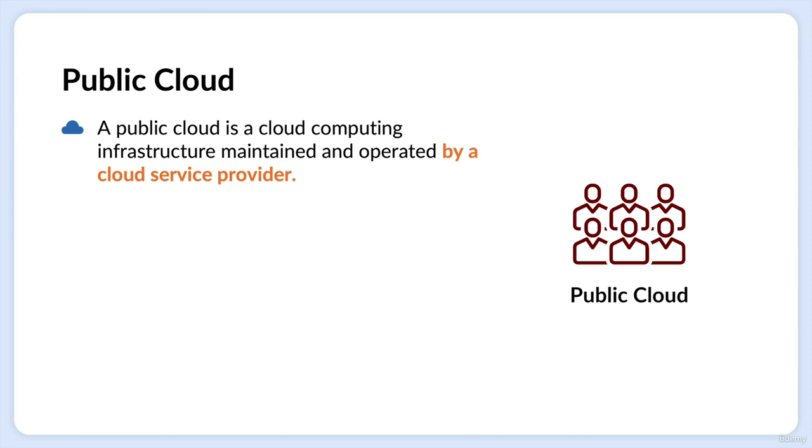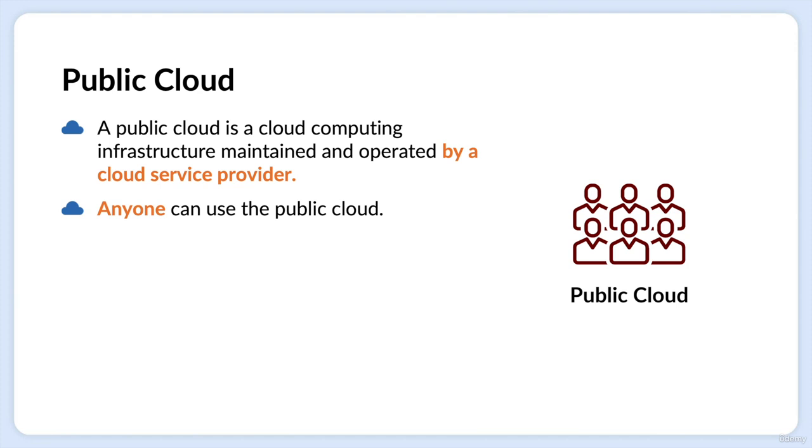A public cloud is a cloud computing infrastructure maintained and operated by a cloud service provider. Some of the public cloud providers are Amazon Web Services, Microsoft Azure, and Google Cloud. In the public cloud computing model, cloud services such as compute, storage, database, and network are available over the internet, and anyone can access them.